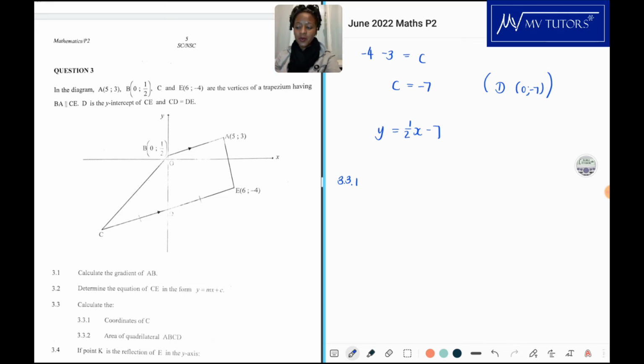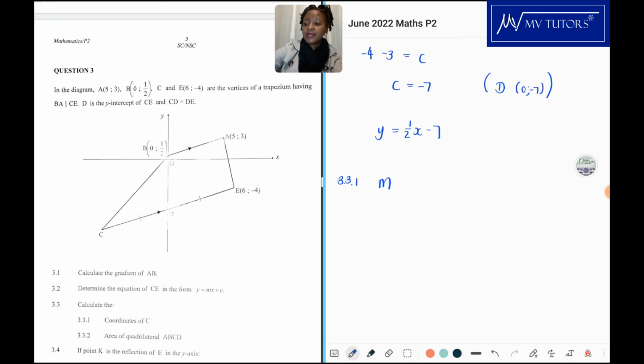That is very important, because if CD is equal to DE, it means that D is the midpoint of line CE. Okay, so if that is the case, if I were to get the coordinates of C, I would use the midpoint rule or equation. Okay, so what is the midpoint equation?